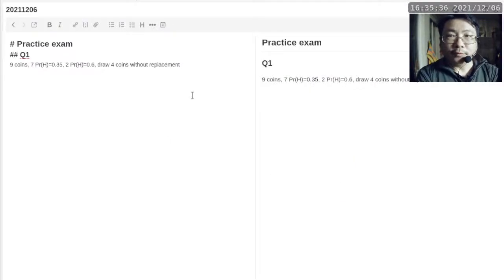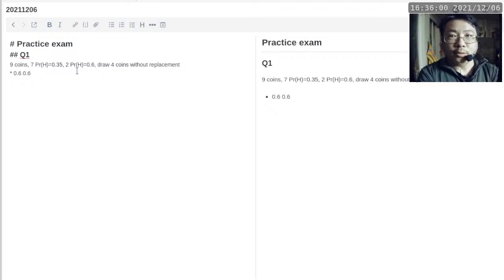So now we have to figure out the 4 ways of picking the coins. Okay, so the first one is I'm gonna have to start to label these different coins. So I will just use the probability as the label. So we have only 2 of the ones that have a chance of landing on the head with a chance of 60%.